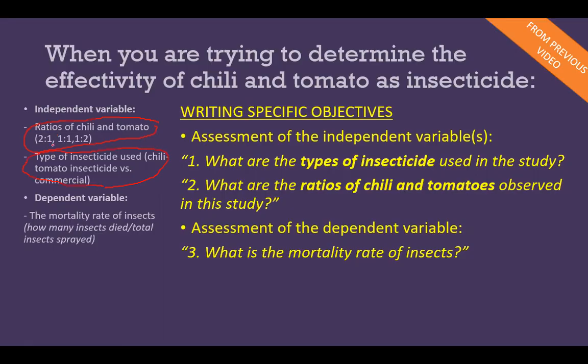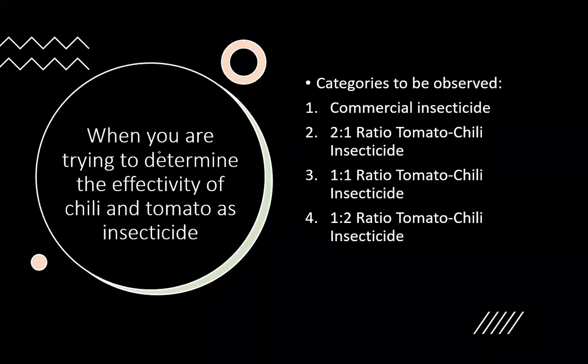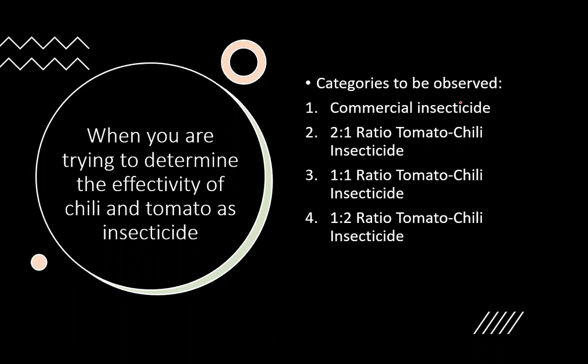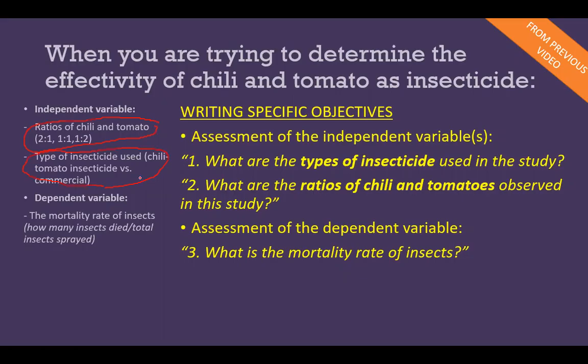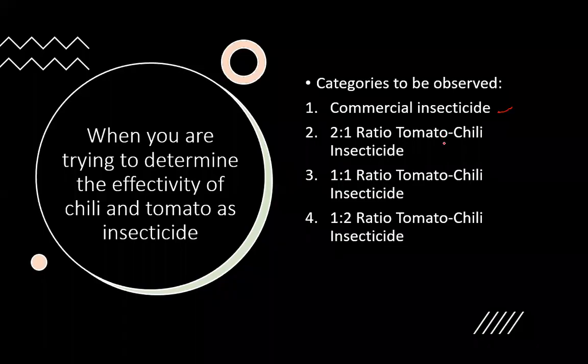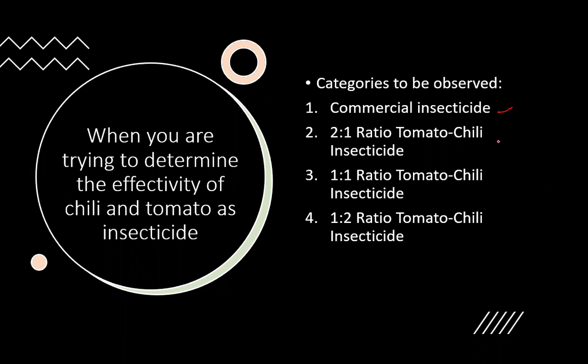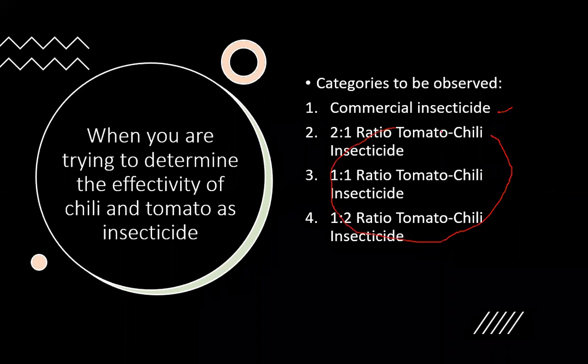So in this example, the categories to be observed are the commercial insecticide, and also the three categories of tomato and chili paste, since we will compare them. The three are the intervention, and the commercial one is the default, the one people commonly use, while the paste are the alternatives.